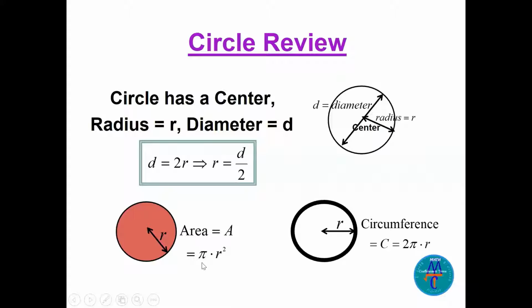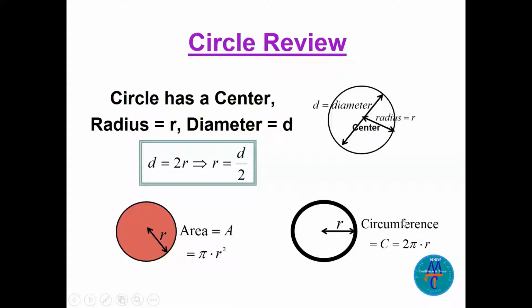The formula is pi r squared. You take the radius, whatever it is, it can be 1, it can be 2, it can be half, it can be 50, it can be 7.1, any radius. You square it, multiply it by itself, and then multiply by pi. So this is the area of the circle.